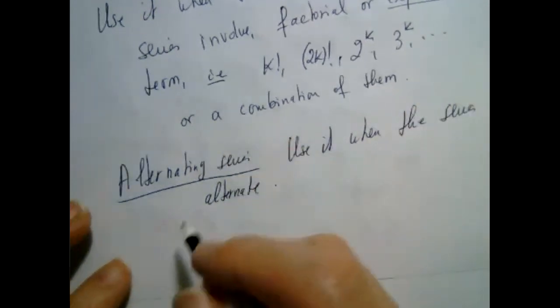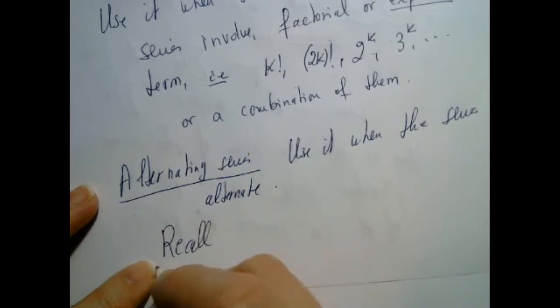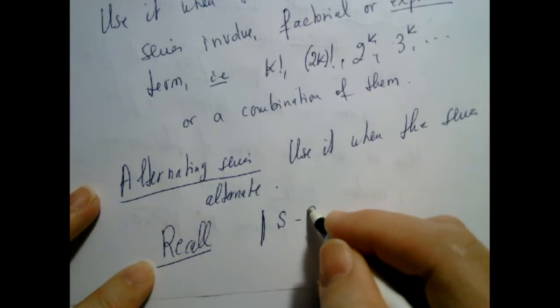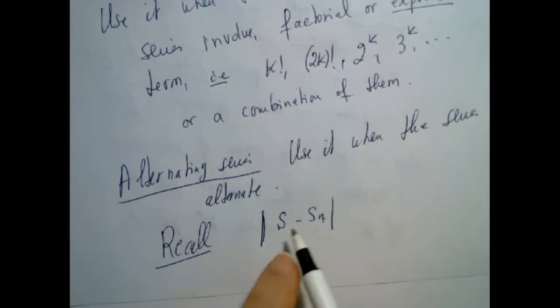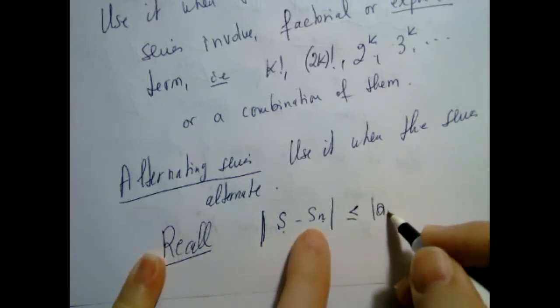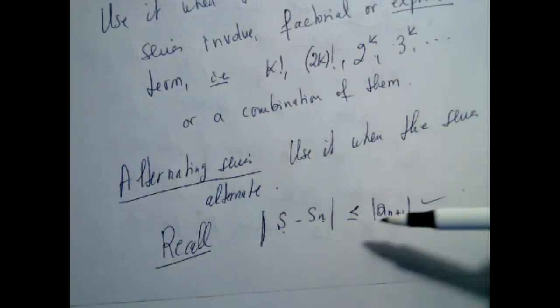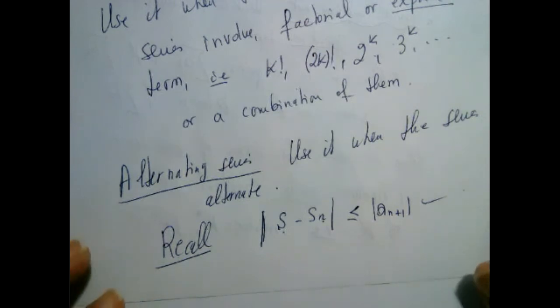Also recall the following fact: if the series converges, and I use the first n terms to estimate the sum, the error is always less than the first neglected term. This is very nice because it helps me estimate the sum. So these are the main tests that we use, and this is when we use each one of them.